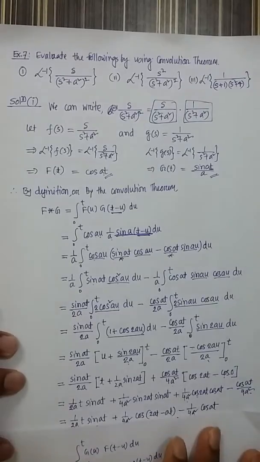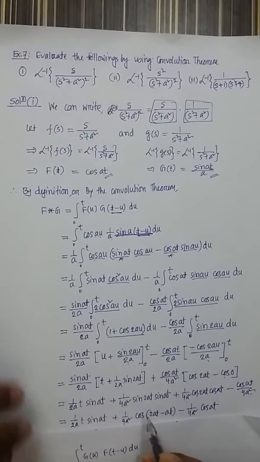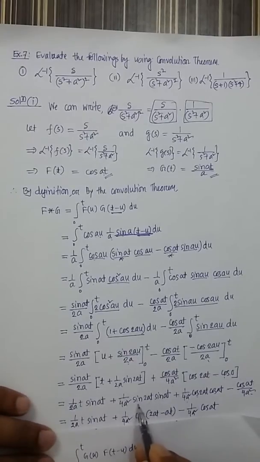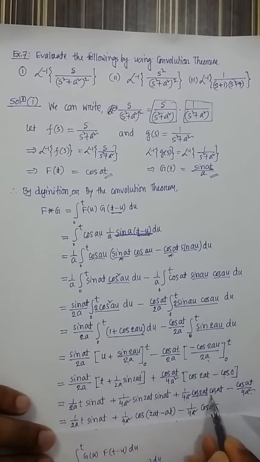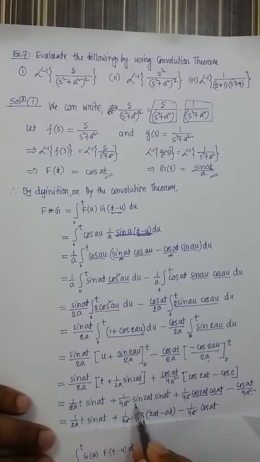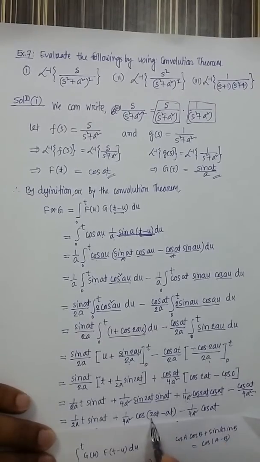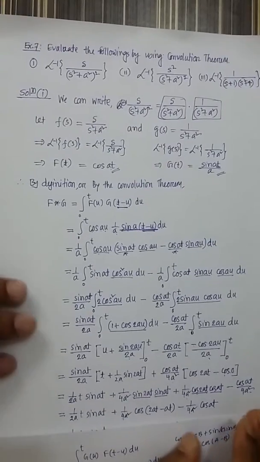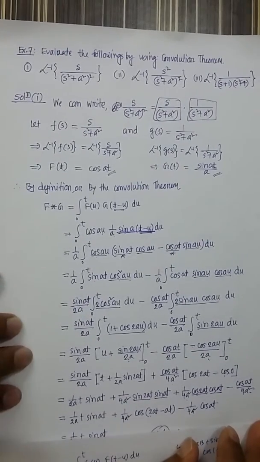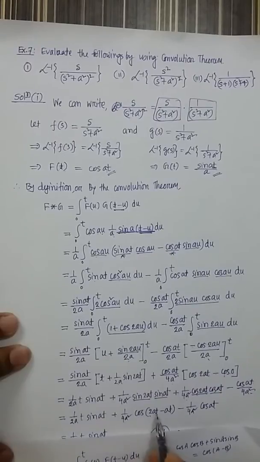In the next line, we know cos a cos b plus sin a sin b. The 1 by 4a square is common, and cos a cos b plus sin a sin b becomes cos of (a minus b), so this becomes cos of (2at minus at).